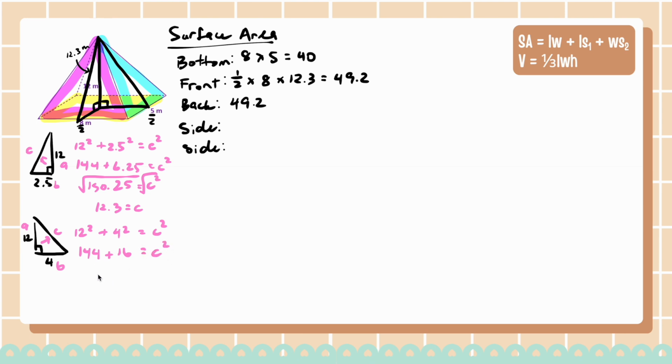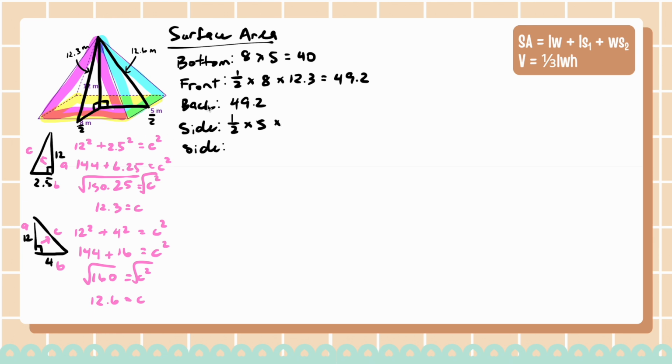144 plus 16 is going to get me 160. This is equal to C squared. And square rooting both sides, I get approximately 12.6 is equal to C. So that means this slant height right here is going to be 12.6 meters. So if I want to solve for the area of this triangle, we're going to do 1/2 times the base of the triangle, which is 5, and we're using the full base.